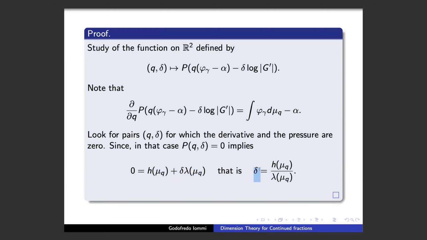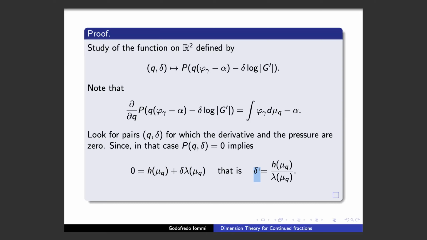I'm not going to do the details, but what I'm telling you basically is that if you look at that pressure function there, and you find points where the derivative is 0 and the pressure is 0 simultaneously, then what you're actually finding are measures that are supported on that set, and on top of that, you have a formula for their Hausdorff dimension. You can compute the Hausdorff dimension.